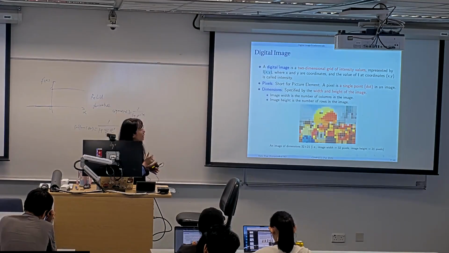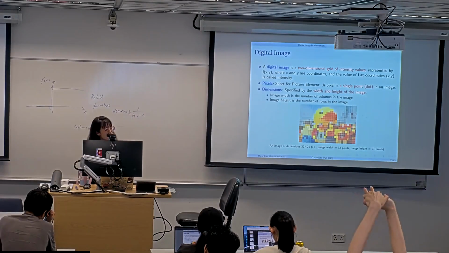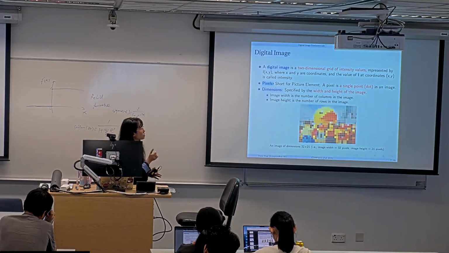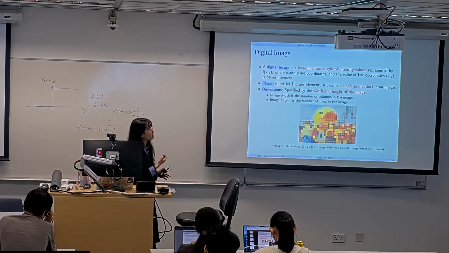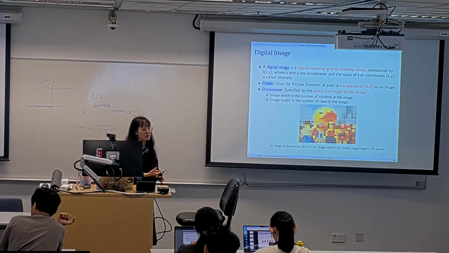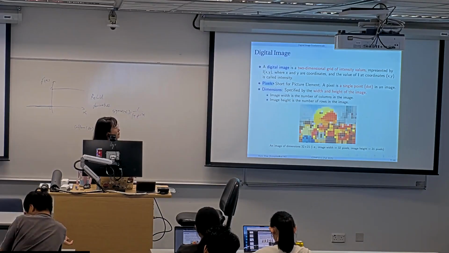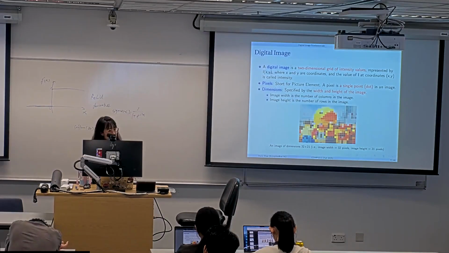The value of I at the coordinates x, y is called intensity. In a digital image, we use a pixel to represent each coordinate. Pixel is short for picture element. A pixel is just a single point, or a single dot in the image, defined by a coordinate x, y.